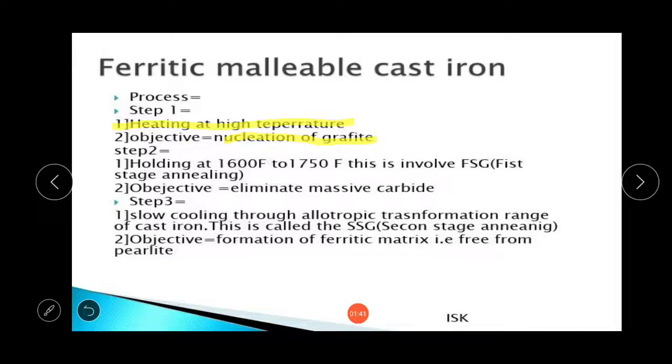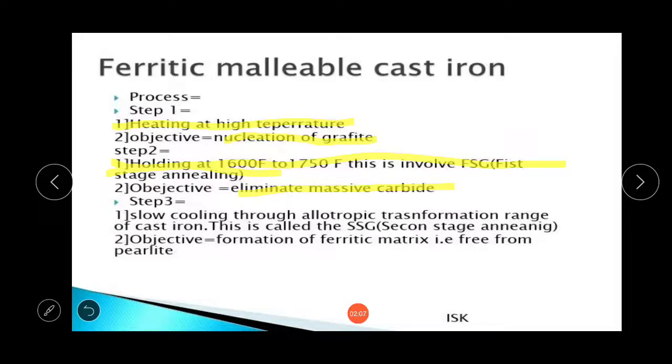Next step, holding at 1600 to 1750 degrees Fahrenheit. This involves FSG, which means first stage annealing. Objective of this is to eliminate massive carbide.